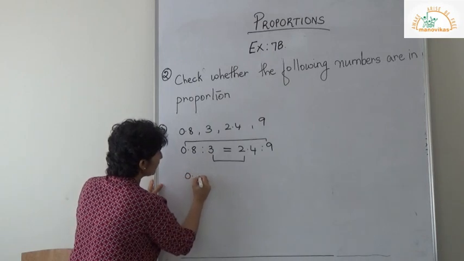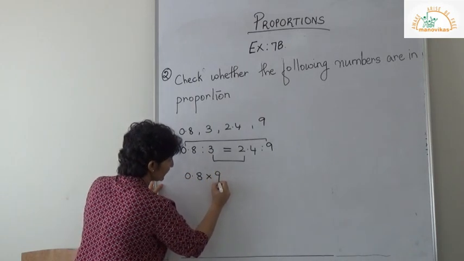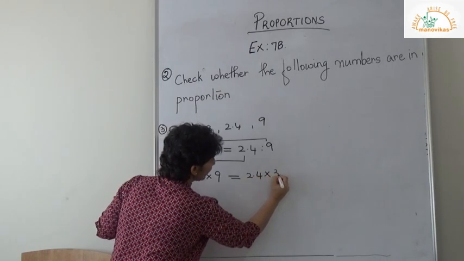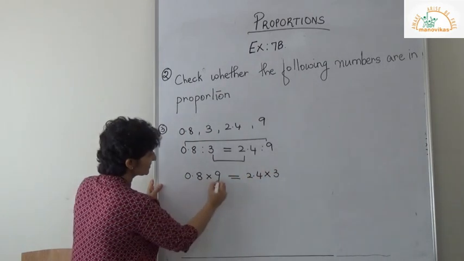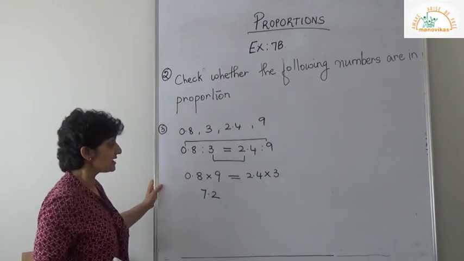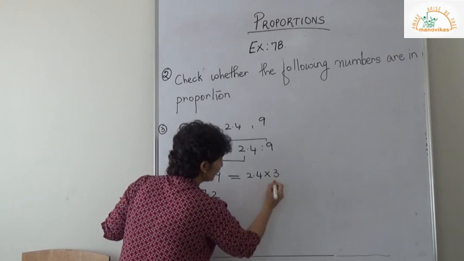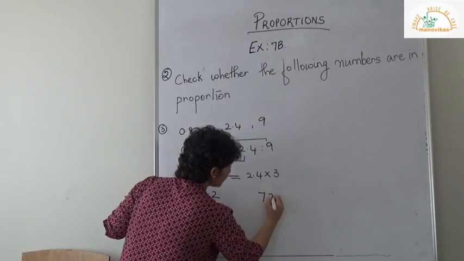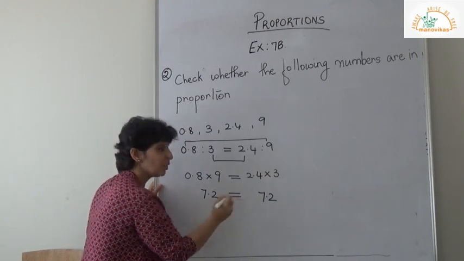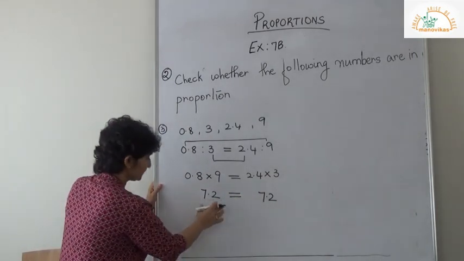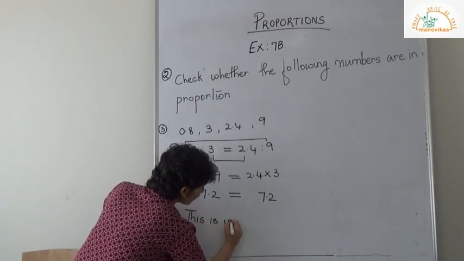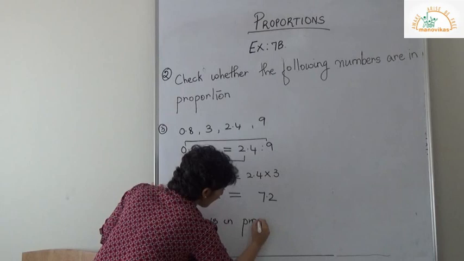So I have 0.8 into 9 should be equal to 2.4 multiplied by 3. I know 8 9s are 72. One place, so I get this as 7.2. 24 into 3 again gives me 72 and one place 7.2. Now both are equal. That means this is in proportion.